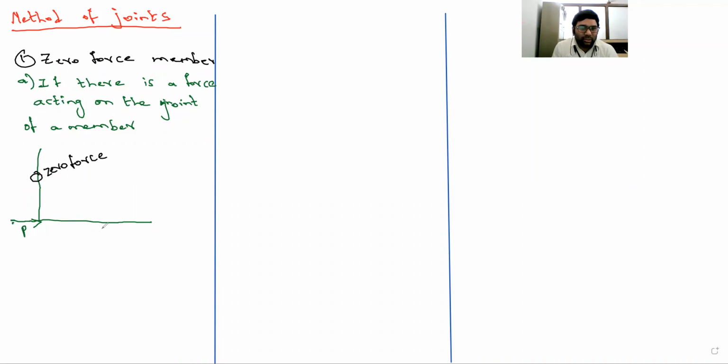Let me say this as member 1, this as member 2, and because there is no load passing the tension or compression to the second member, it is a zero force member.